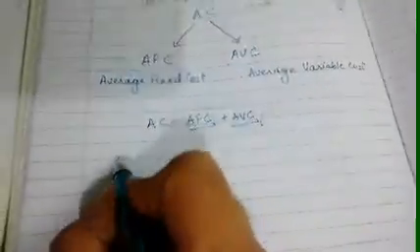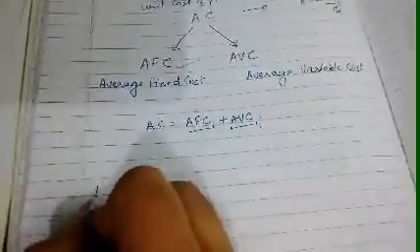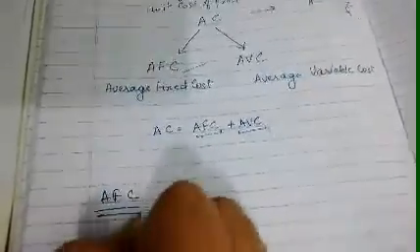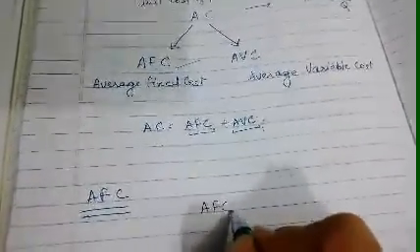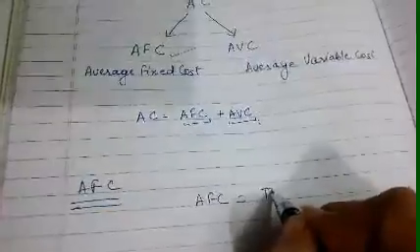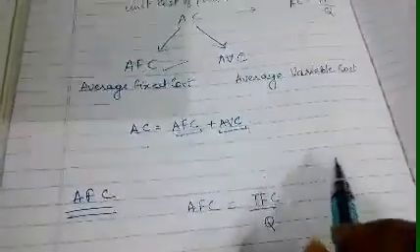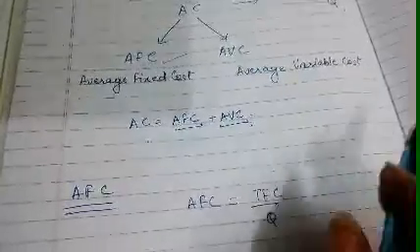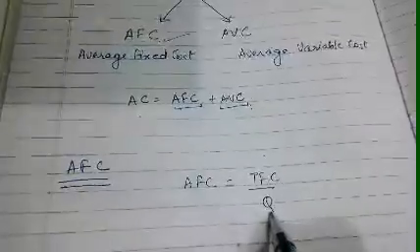Now we are going to talk about the first component, average fixed cost. Average fixed cost can be calculated by dividing total fixed cost by quantity. Total fixed cost we have already discussed.